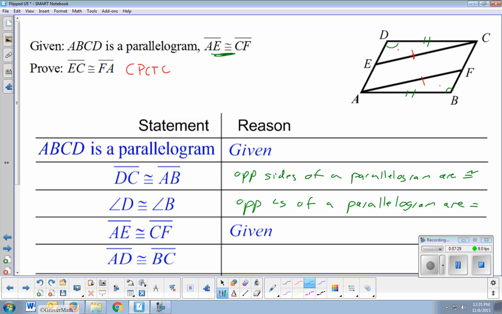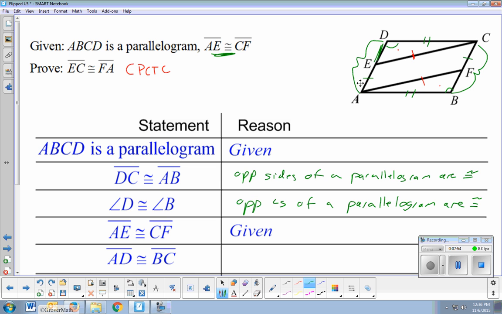All right, and then I kind of hinted at it before that AE and CF being given congruent, how is that helpful? Well, we do know that AD is congruent to BC, and those are opposite sides of a parallelogram, but they're too long. My triangle side is DE, not DA.